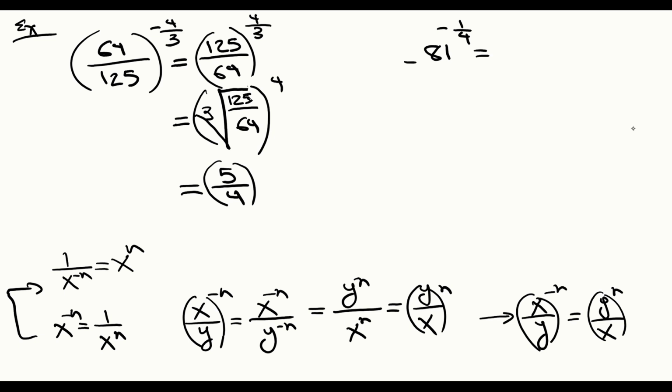Now we're going to take that and raise it to the power of 4. So of course we get 5 to the 4, which is 25 times 25, so 625, over 4 to the 4, which if you remember is 16 times 16, so 256.